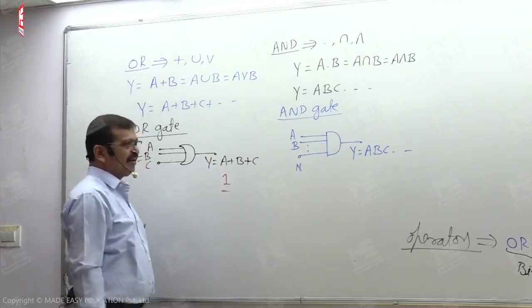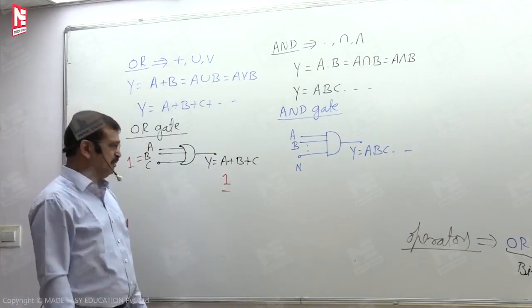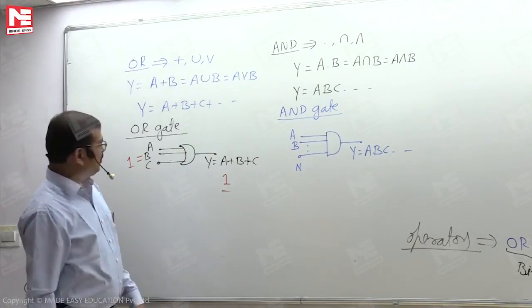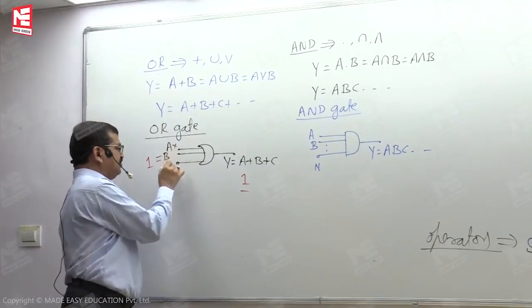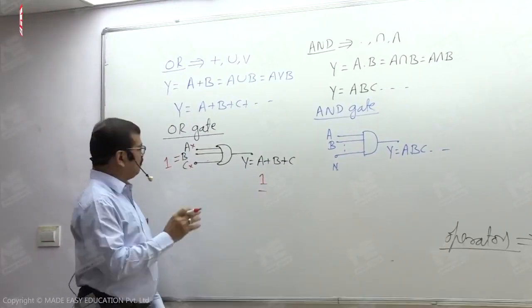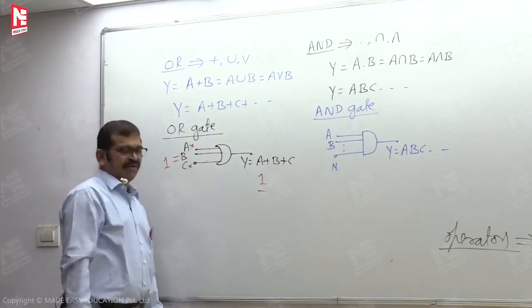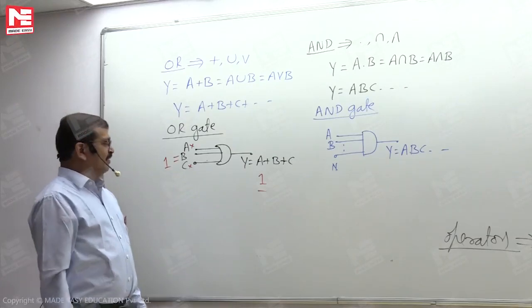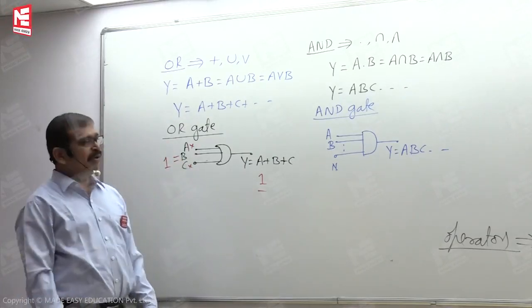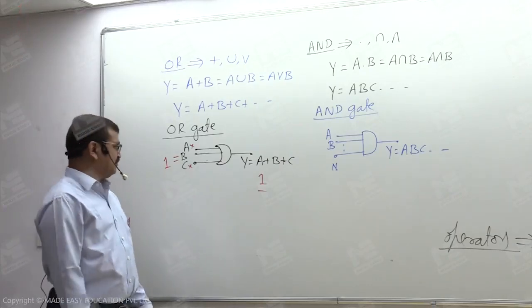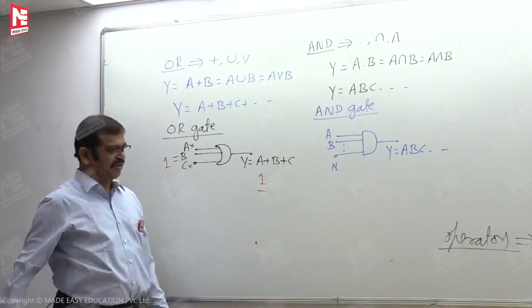From the definition of the OR gate or looking at the truth table, you can say it is 1. It means the output is independent of the variables A and C. The output depends only on this particular variable B. Whenever the output is independent of other variables, it is in an inactive, inoperative state. Hence, we say the disable input of the OR gate is 1.